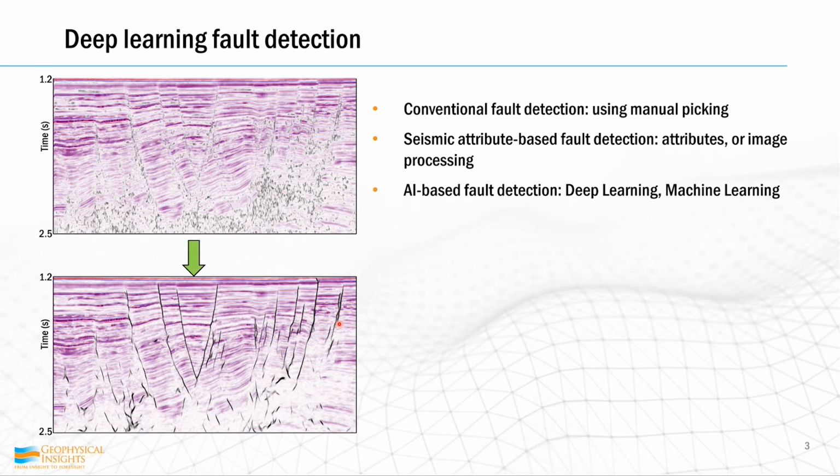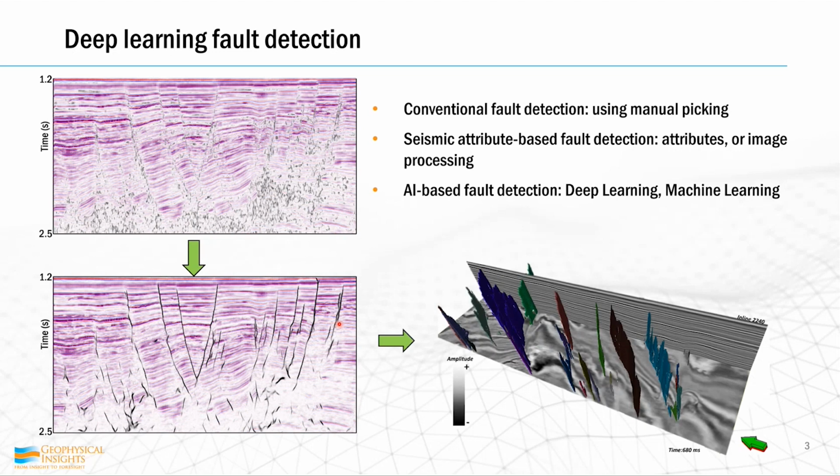CNN, convolutional neural network, an advanced method rather than conventional seismic attributes, has proved its successful implementation in 3D fault detection. The result of CNN can further be applied to an unsupervised machine learning method, such as self-organizing maps, to create the geobodies of the fault, then to finally create the fault surfaces.